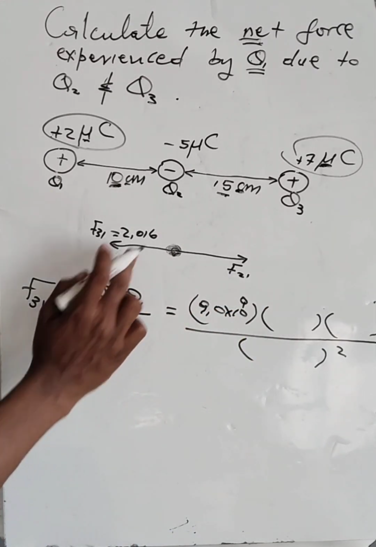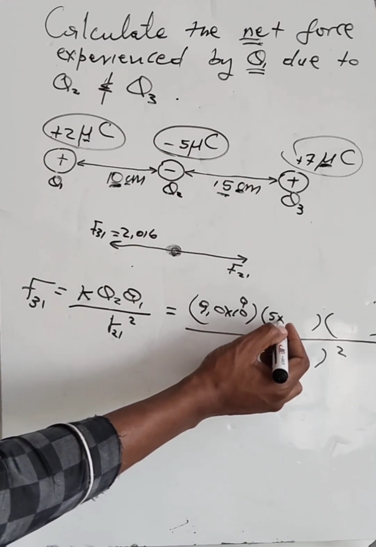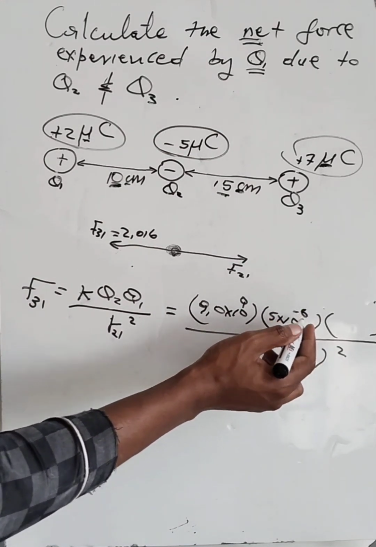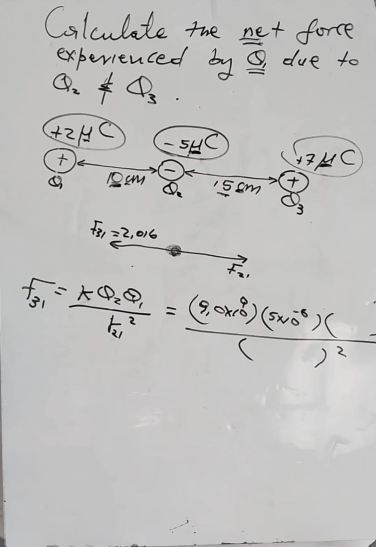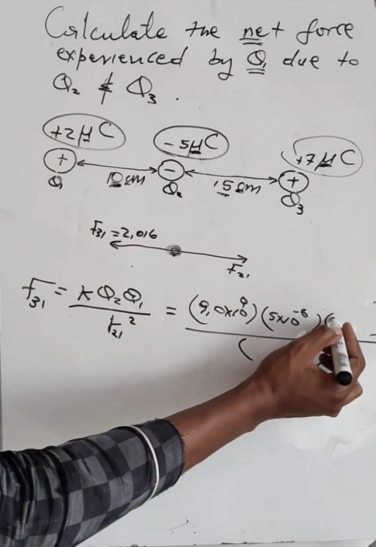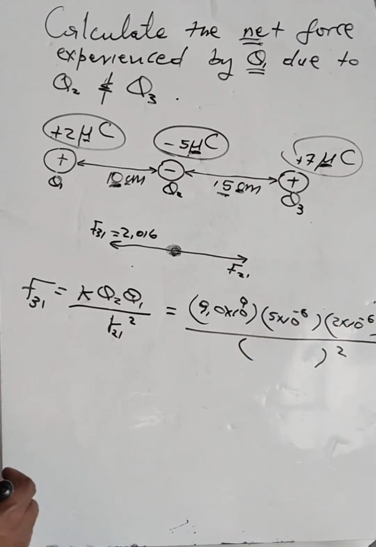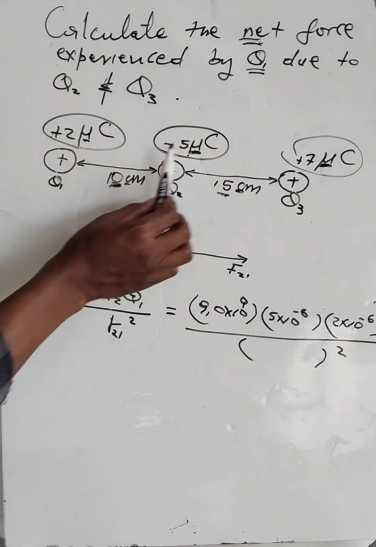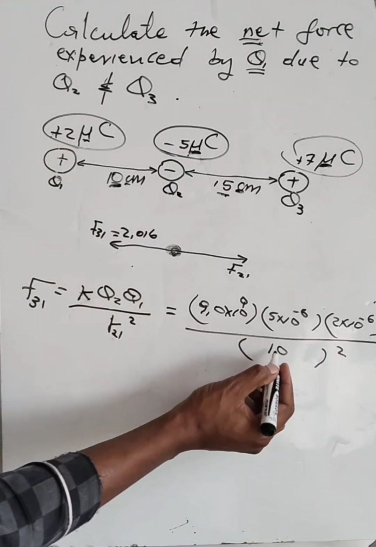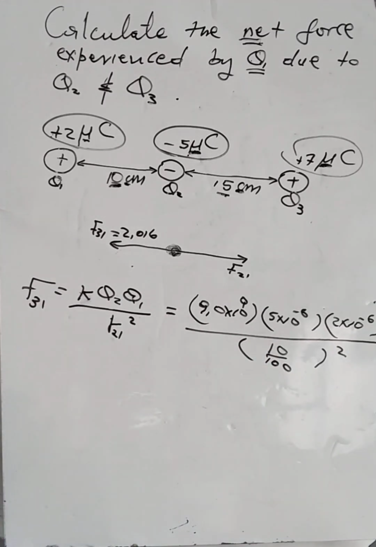Q2 is 5 times 10 to the power negative 6. Why 10 to the power negative 6? It's because of micro. Then Q1 is 2 times 10 to the power negative 6. Then the distance between 1 and 2 is 10 centimeters. Because of centi, we divide by 100.